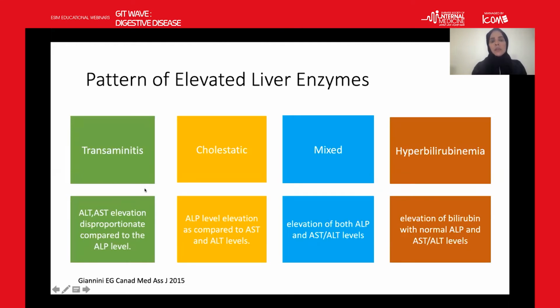So the approach strategy could be based on the pattern of elevated liver enzymes. It is either transaminitis, which is mainly AST/ALT elevation disproportionate to alkaline phosphatase, or it is cholestatic when alkaline phosphatase is elevated disproportionate to AST/ALT, or it is mixed when all of them are elevated in the same proportion, or it is hyperbilirubinemia, meaning only bilirubin is high while ALT, AST, and alkaline phosphatase are normal.